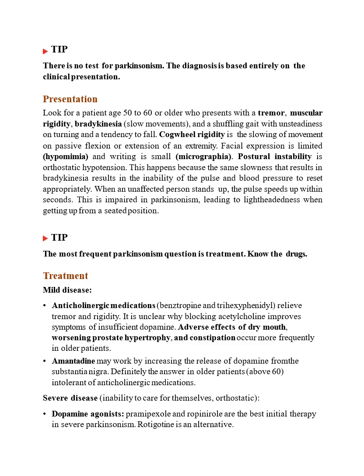We need to look for a patient who is 50 or 60 years old or older, who has a tremor, muscular rigidity, bradykinesia, which is slow movement, and shuffling gait with unsteadiness on turning and tendency to fall.